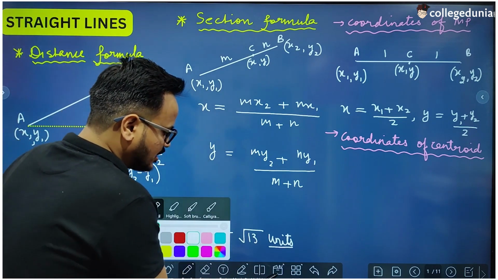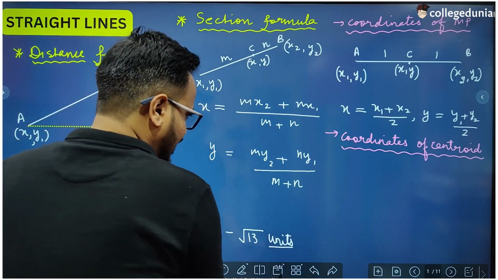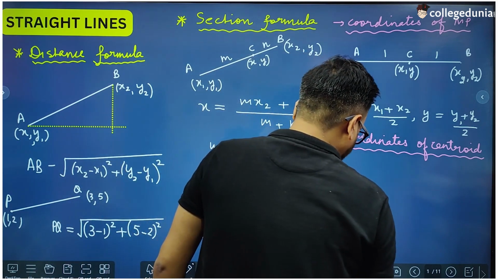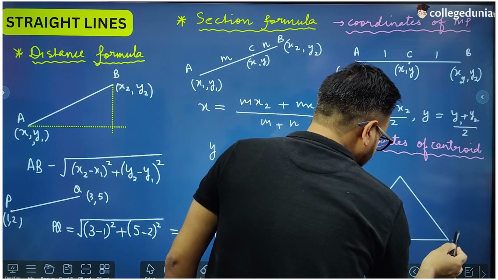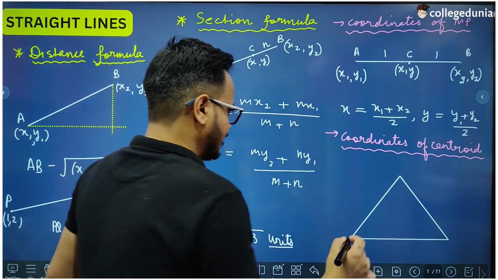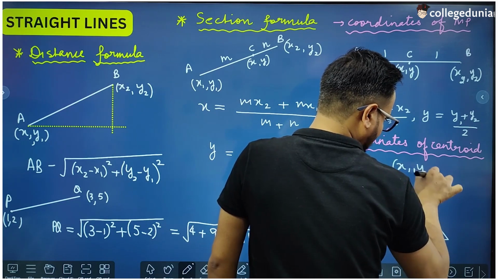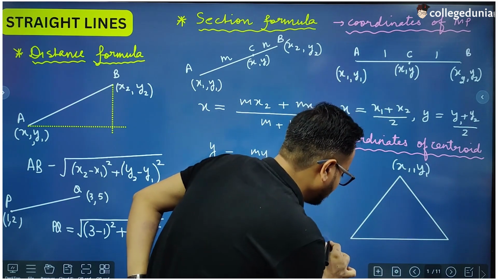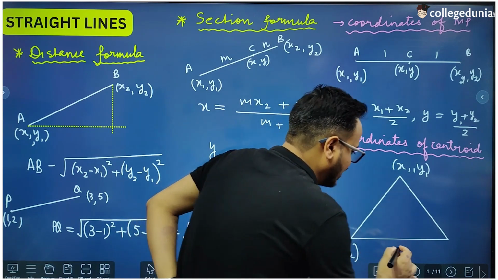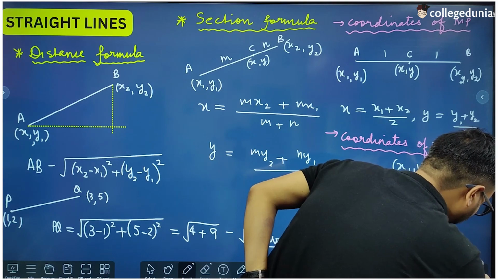Centroid is basically the point of intersection of all the medians of a triangle, right? So let us say we have a triangle, this is the triangle, and we know the coordinates of the vertices of this triangle. Coordinates of this vertex x1 y1, coordinates of this vertex x2 y2, and the coordinates of the third vertex is x3 y3.